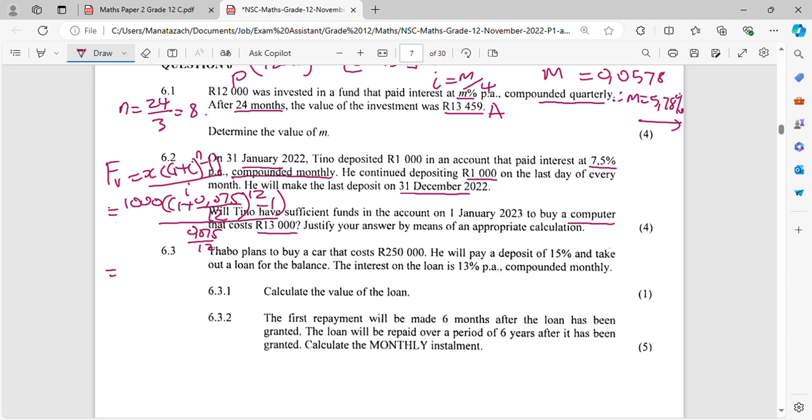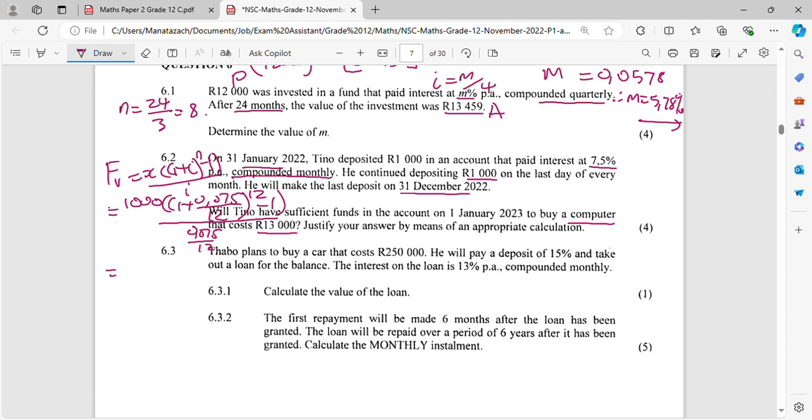So from here we can just do one calculation on the calculator. I'm just going to punch all those numbers that you see, all divided by 0.075 divided by 12.